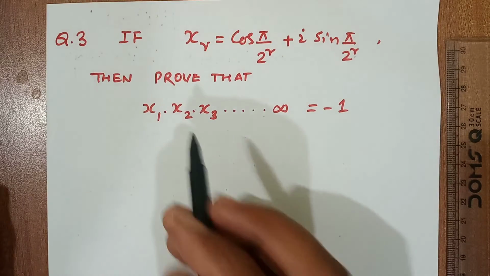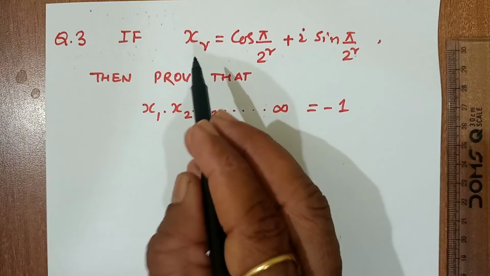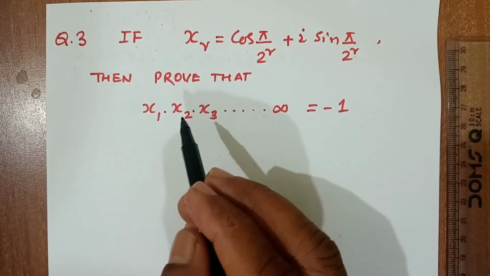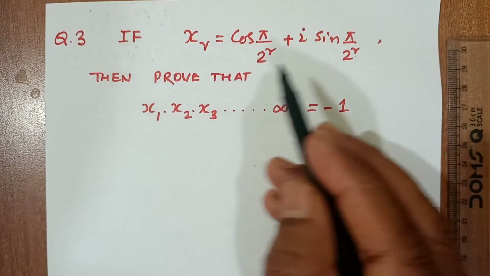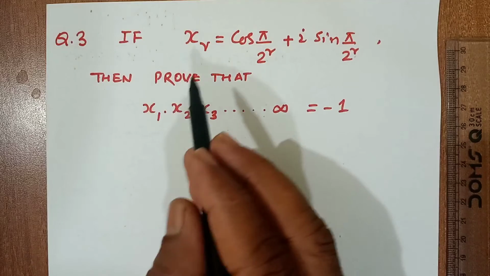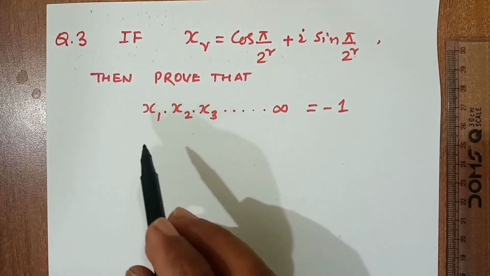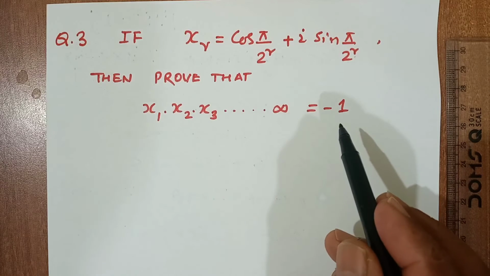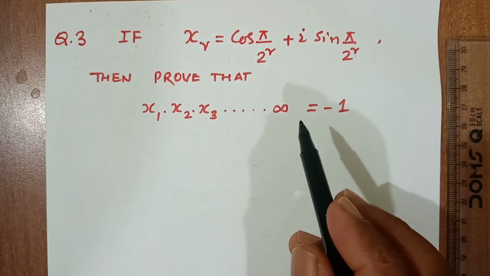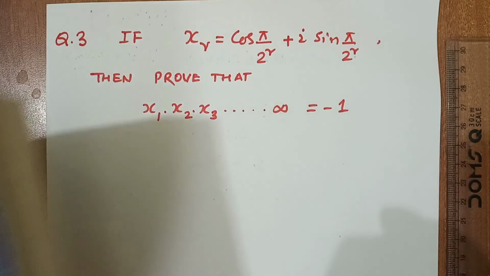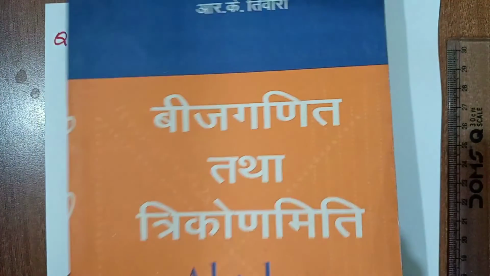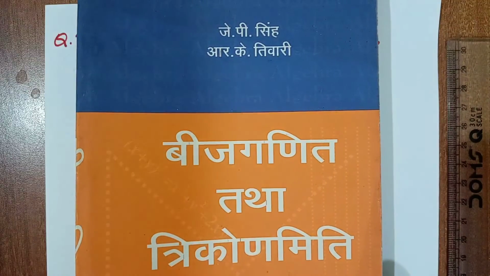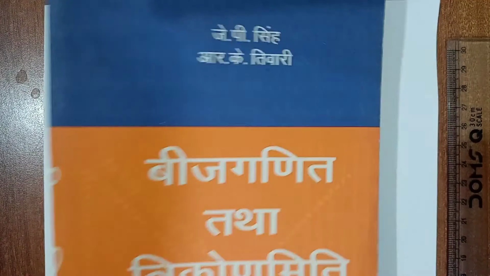Here x1 means we put r equal to 1, x2 means r equal to 2, up to r equal to infinity, which means the number of terms is infinite, and the product of all the terms is equal to minus 1. This question has been taken from the book Algebra and Trigonometry. So now we shall prove it.